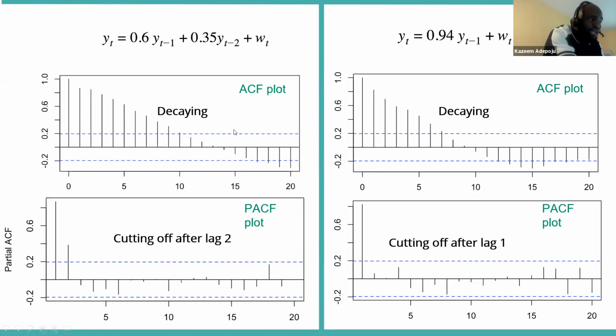But with the ACF plot, we may not be able to tell which autoregressive model it is, order 1 or order 2, and if we really want to know that, then we need to investigate the PACF. So when the PACF cuts off after lag 2, that is an AR2. When the PACF cuts off after lag 1, that is an AR1. When the PACF cuts off after lag 3, that's an AR3. When the PACF cuts off after lag 10, that is AR10. Okay.